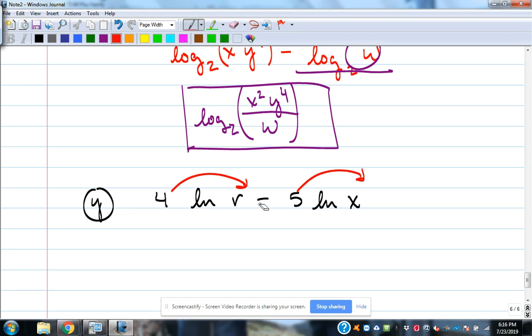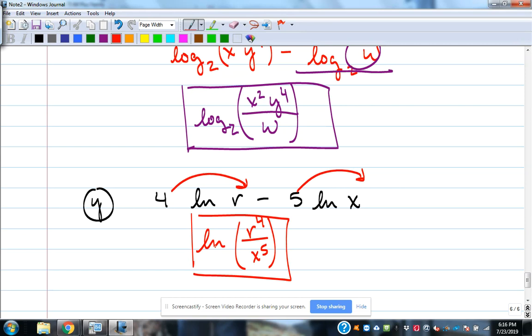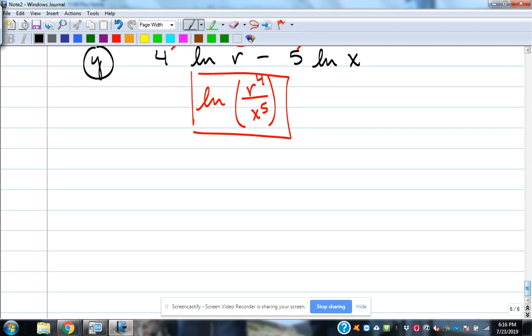And we see a minus sign, which tells us this becomes what kind of problem? It becomes a division problem, right? r to the 4th on top, x to the 5th on bottom. All right.